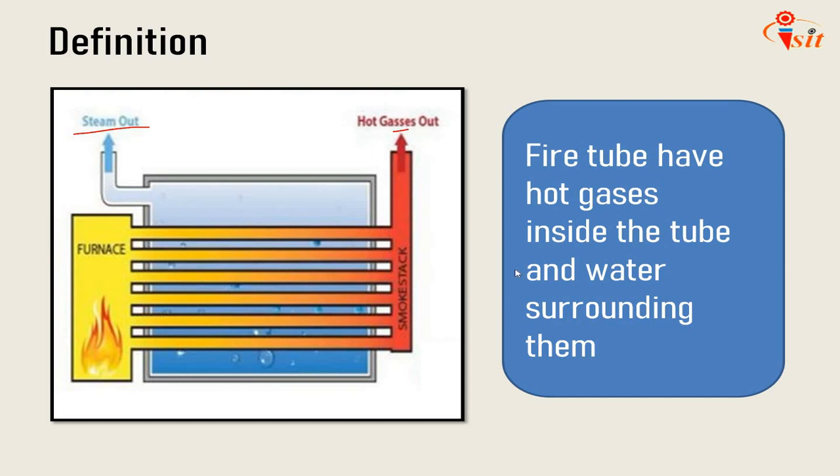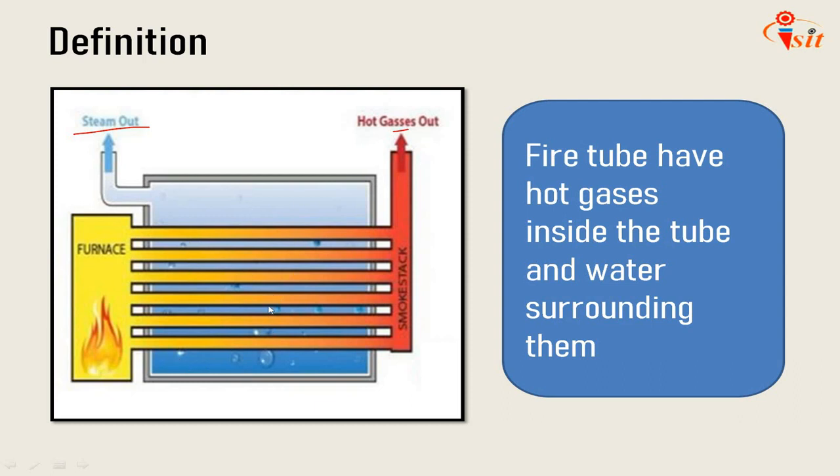Okay, so here the figure shows the furnace in which the hot flue gases pass through the tubes. A number of horizontal tubes are there, and then the gases pass through the chimney and are released to the atmosphere. Now these tubes are surrounded with water.